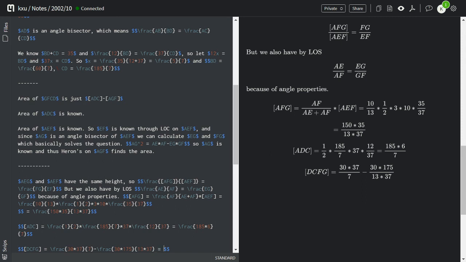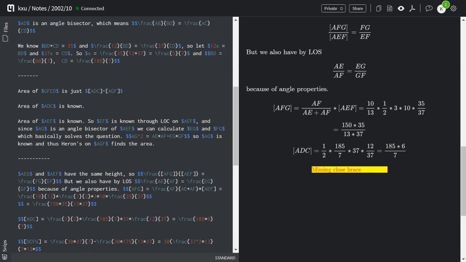Okay, that is equal to 30 times 37 squared times 13 over the denominator 7 times 13 times 37. Not looking pretty at all, is it?